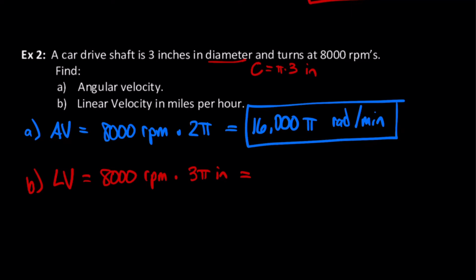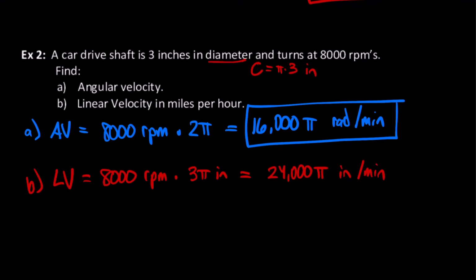So if I multiply that out, 8,000 times 3 is 24,000 pi inches per minute. Now here's the issue, miles per hour. So this might be one of the more challenging aspects of this lesson, actually doing our conversions. I have to go from inches per minute to miles per hour.